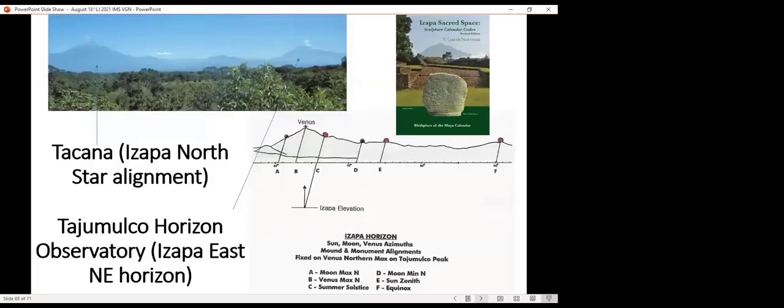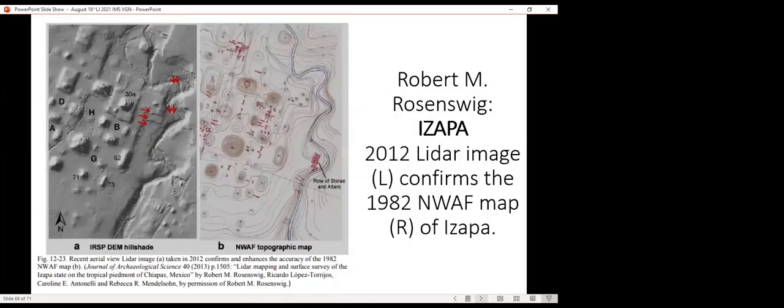Talking now orientation, volcano, the entire temple center, major orientation is to this volcano as the heavenly mountain with the North Star. And the Taumuko horizon to the right is the major observatory orientation in the book.